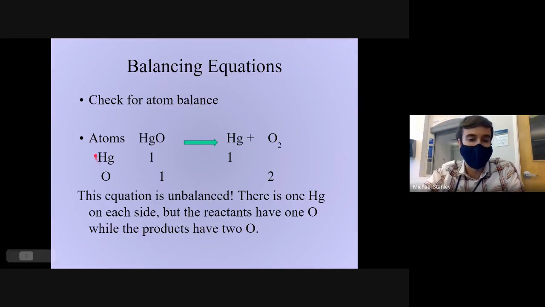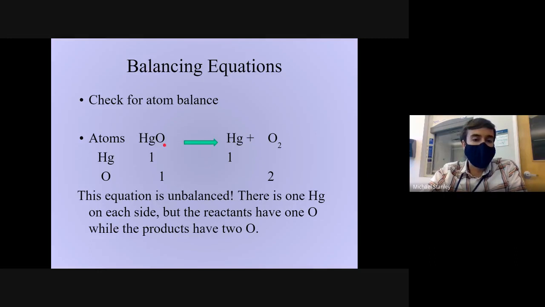So I write Hg and O over here, and then I make a little table, one for the reactant side, one for the product side. I'll look at my Hg's first. Over here there's only one Hg atom, so I write a 1 down here. Over on the product side, there's only this one Hg atom, so I'll write a 1 down here.